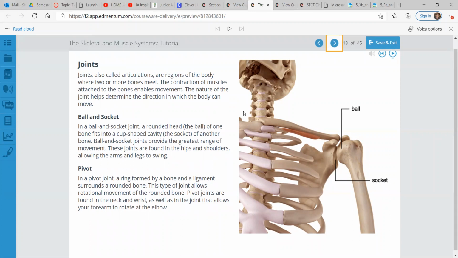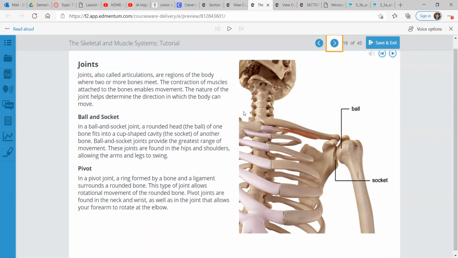Ball and socket joints, that's when a rounded head or ball-shaped bone fits into a cup-shaped cavity or little opening known as the socket of another bone. Ball and socket joints provide the greatest range of motion.